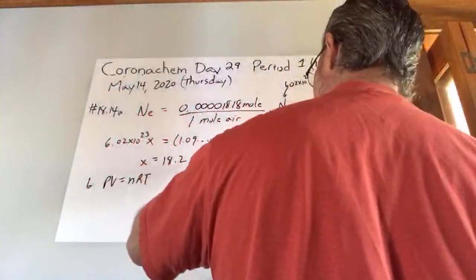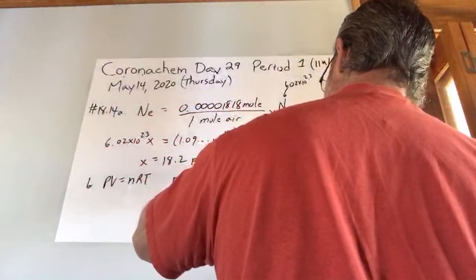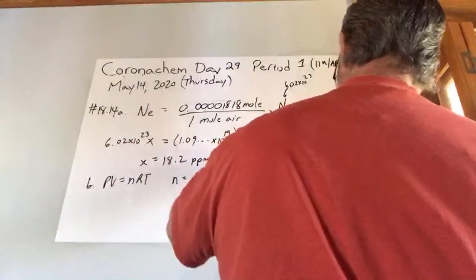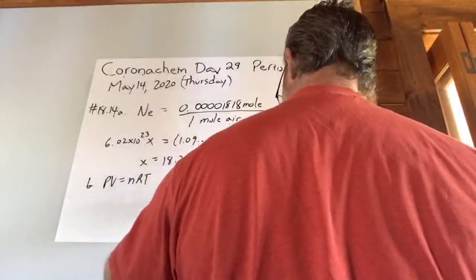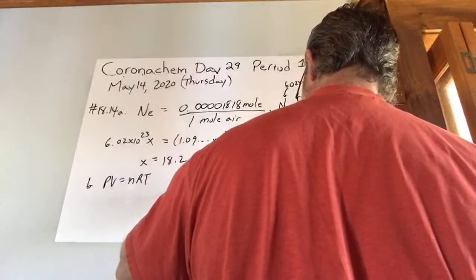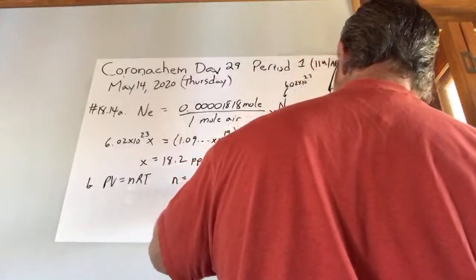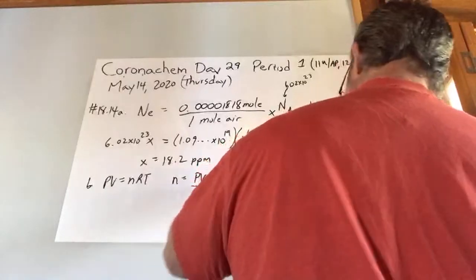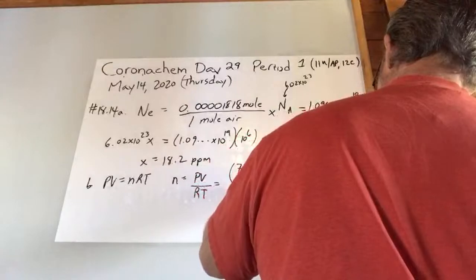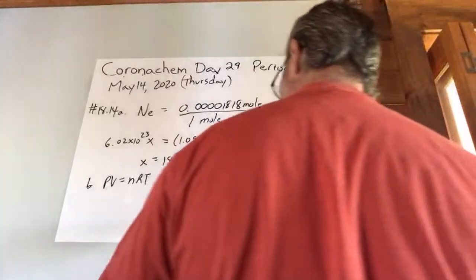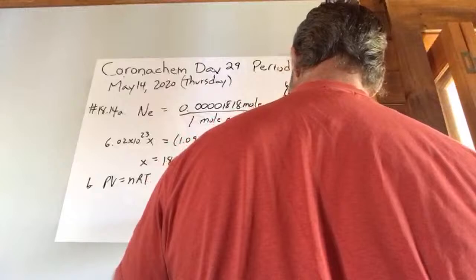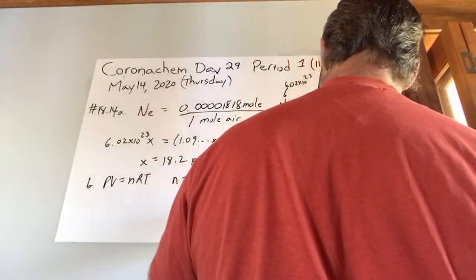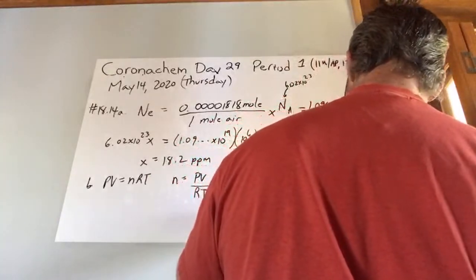And we have 743/760ths of an atmosphere and 1 liter of air. The gas constant for this is 0.082057 liter atmospheres per Kelvin mole. And the temperature is 300 Kelvin. So that gives you 3.97135 times 10 to the minus 2 moles.